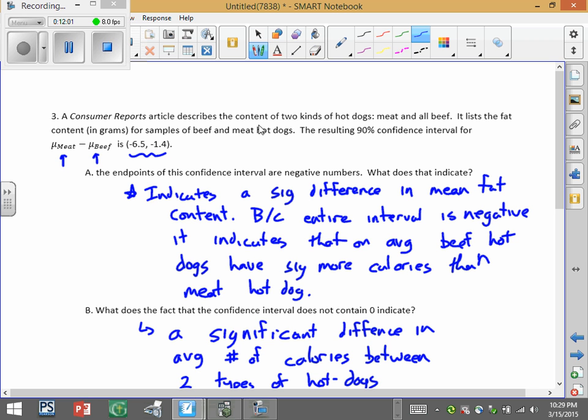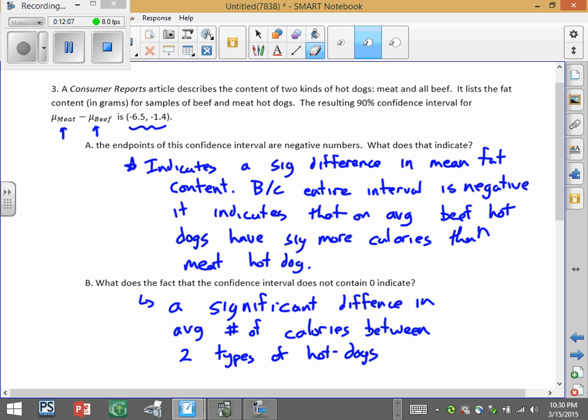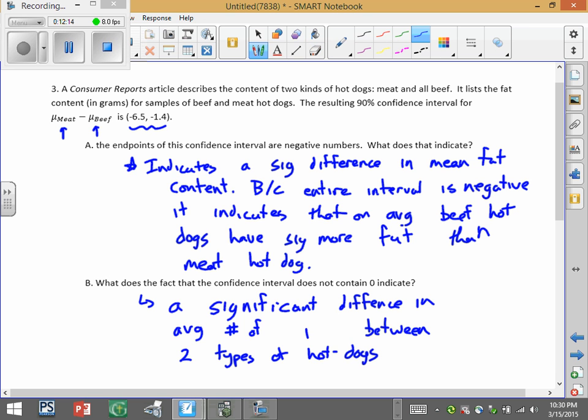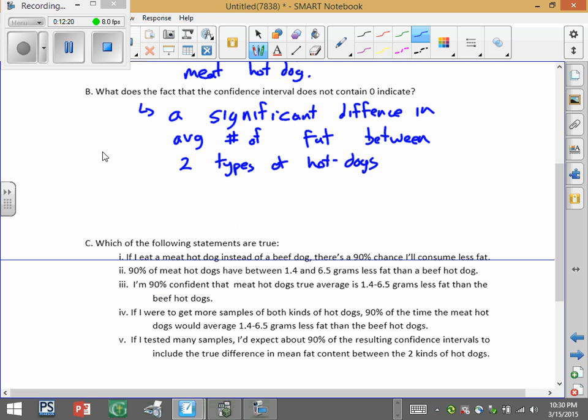Was it calories or fat? Whatever it happened to be. Oh, fat content. Oops. So I didn't read carefully. So let me go back and fix A and B. Apologies to those of you that were reading carefully and looking to get me. Haha, I win.